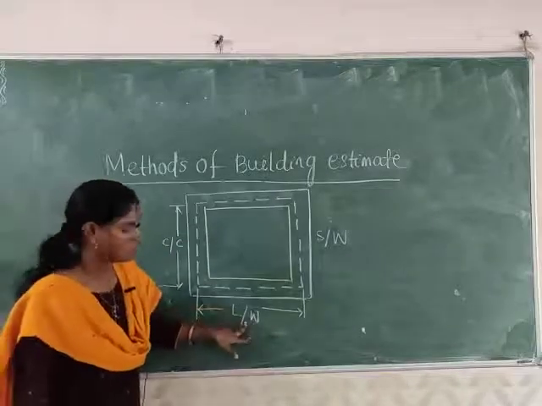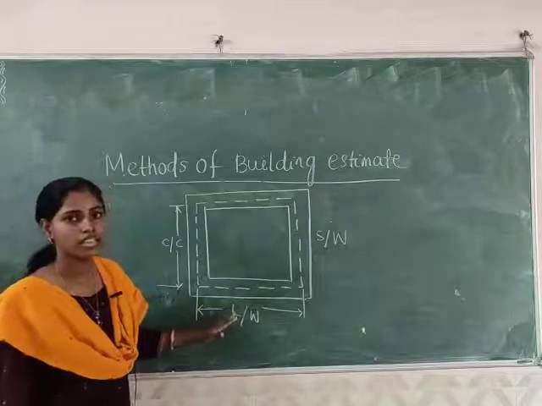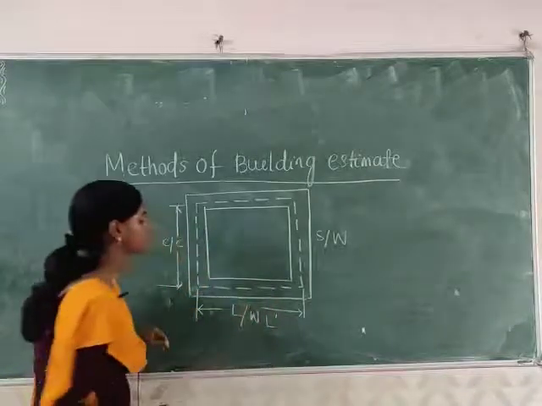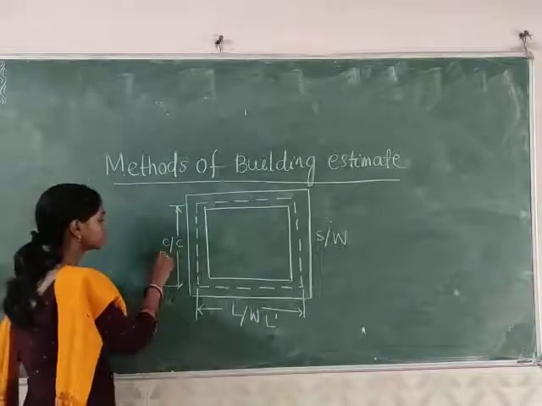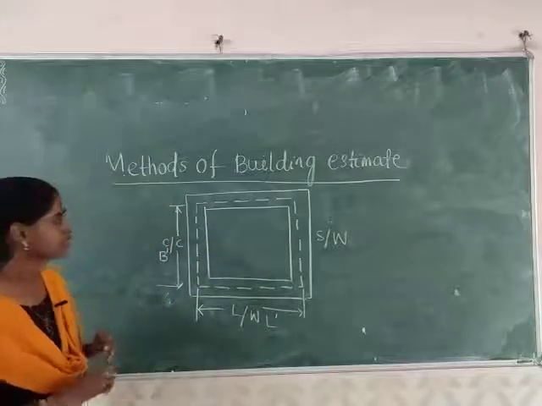The center line length of the long wall is denoted as L dash and the center to center length of short wall is denoted as B dash.